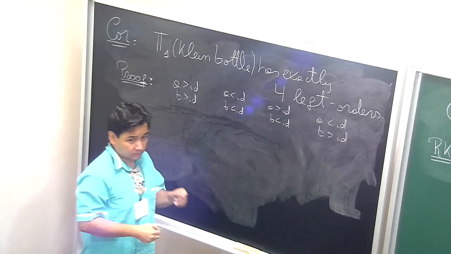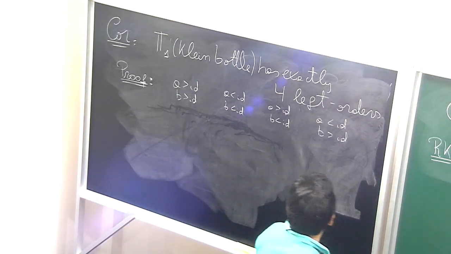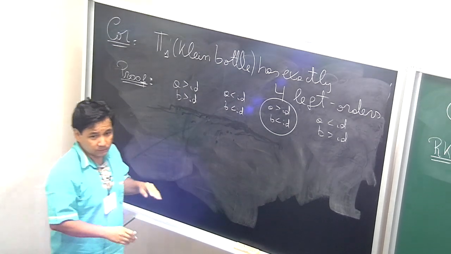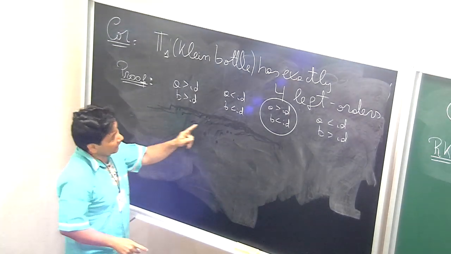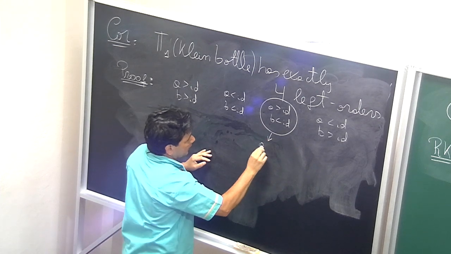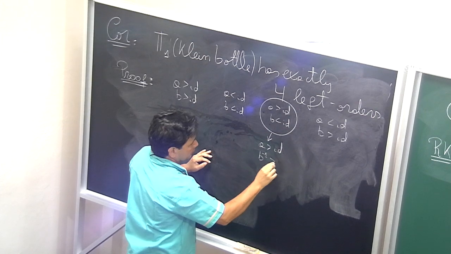So let's take one of these possibilities, any one. For instance, this one at random. If A is positive and B is negative, this implies that A is positive and B inverse is positive.